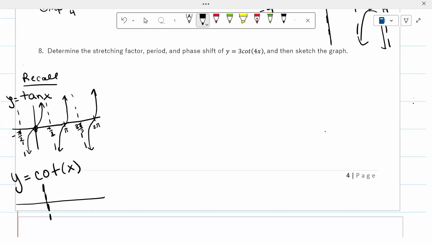Everywhere there was an undefined moment, it's now a 0. I'm going to go negative 2 pi here. That was undefined. Now it is 0.